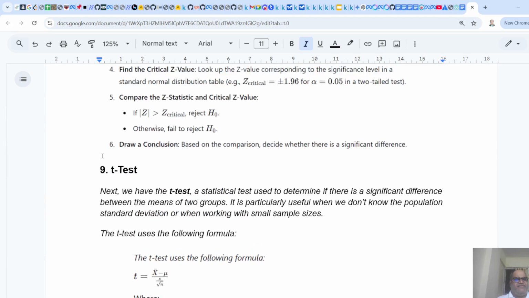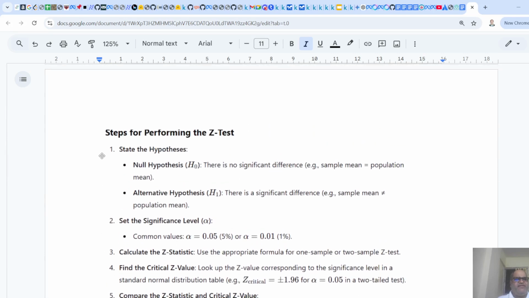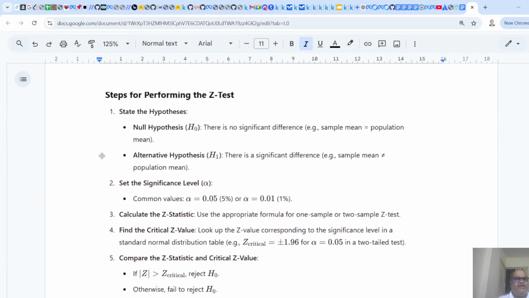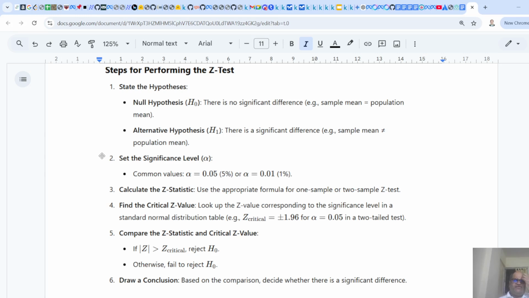But just to extend it, if you are comparing means of two groups, and you know the population mean, and you have taken a sample, and you want to make some inference about whether your sample mean is significantly different from the population mean, one of the common tests uses the Z test.